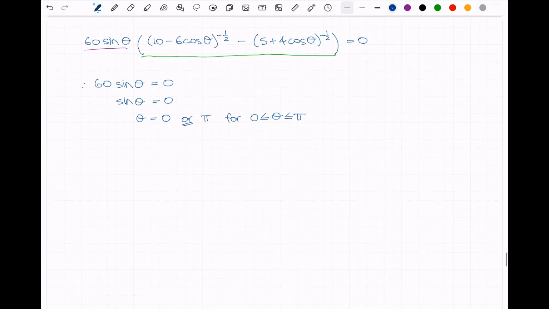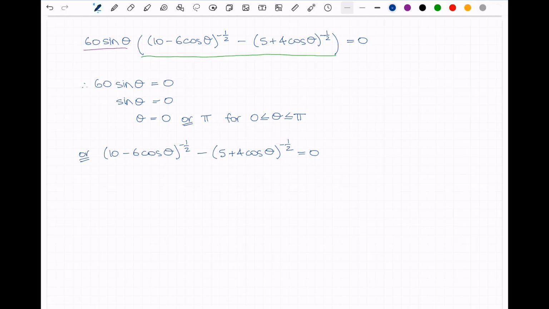Now we could also say it's also the case that 10 minus 6 cos theta to the negative a half minus 5 plus 4 cos theta to the negative a half, that also could be equal to 0. So let's clean this up.